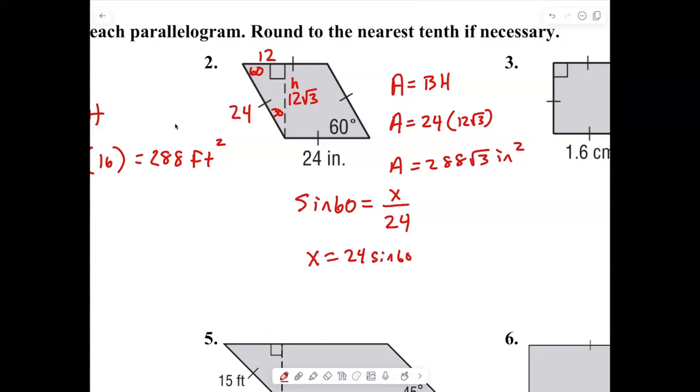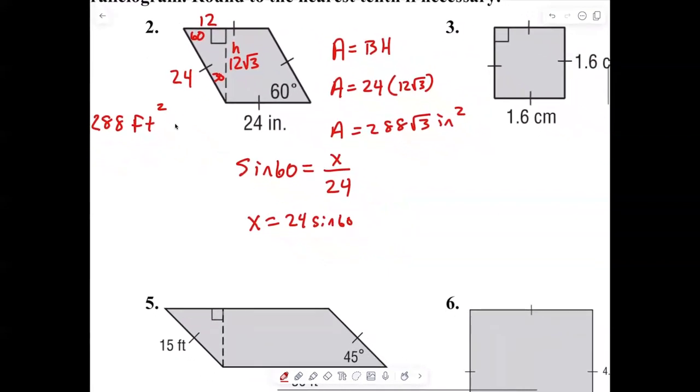I got a negative. Listen one more time. Come on. All right. Hey. You're just plugging the numbers into calculators. You can't ask me how to plug these in on the calculators. You just can't. 24 sine 60.